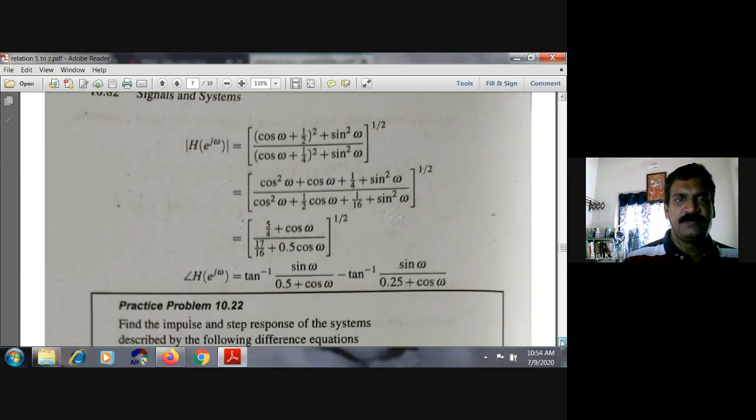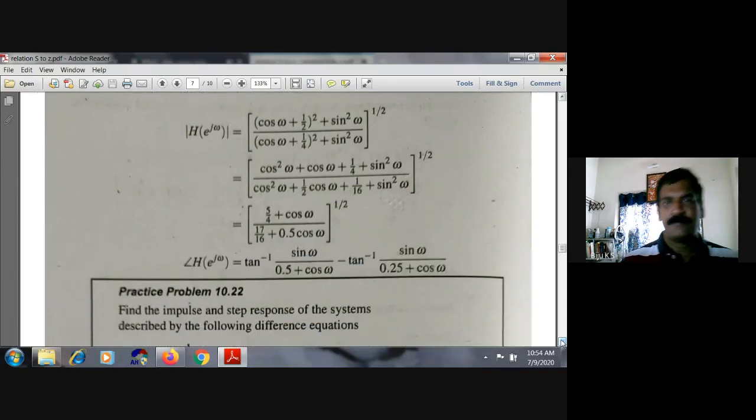The modulus is the root of the square of the real term plus the square of the imaginary term, and the denominator is similarly the square of the real term plus the square of the imaginary term.